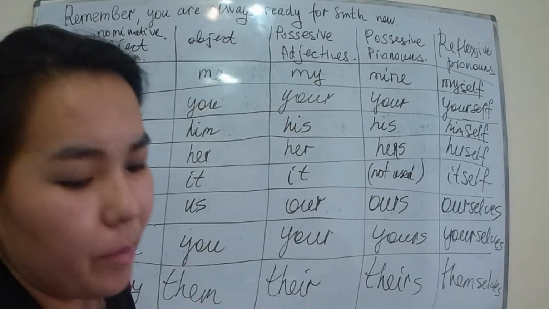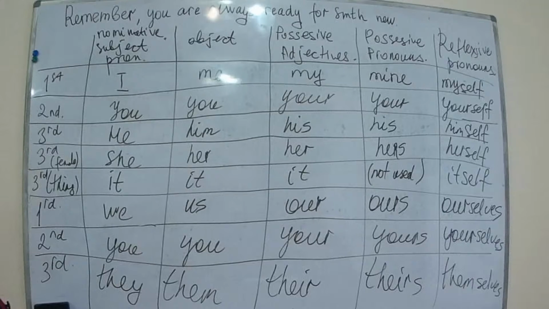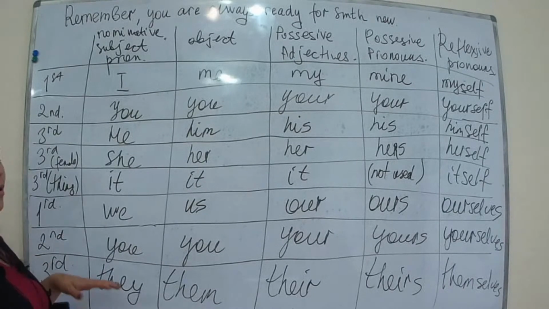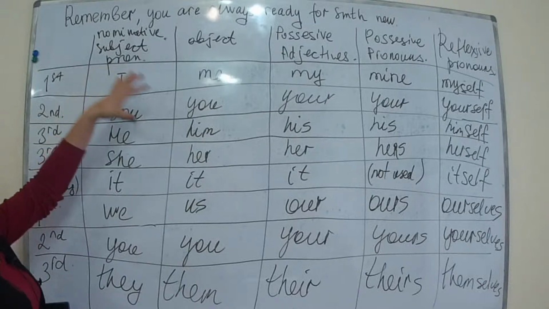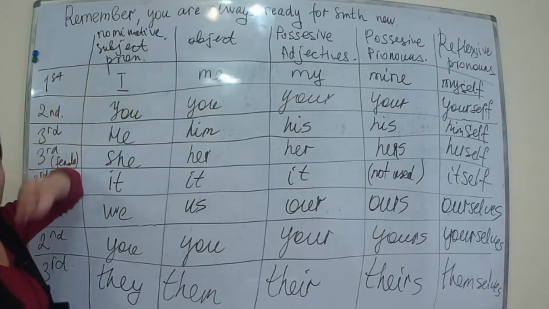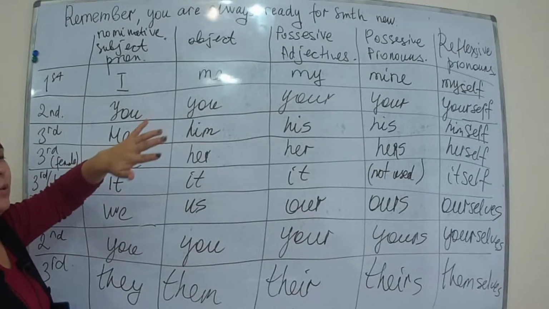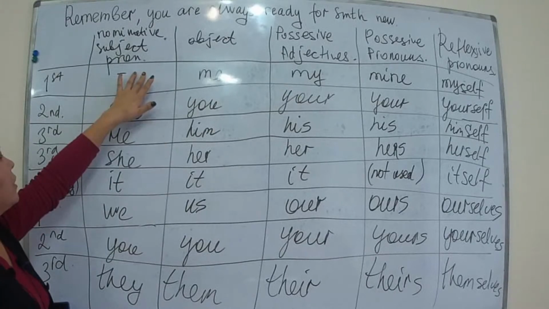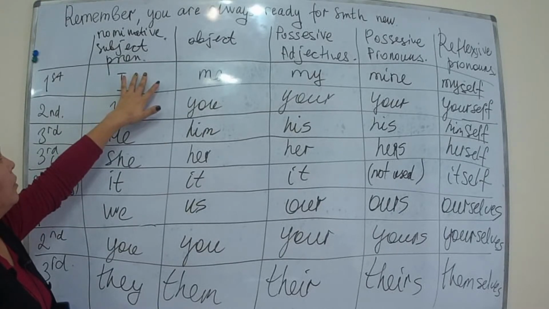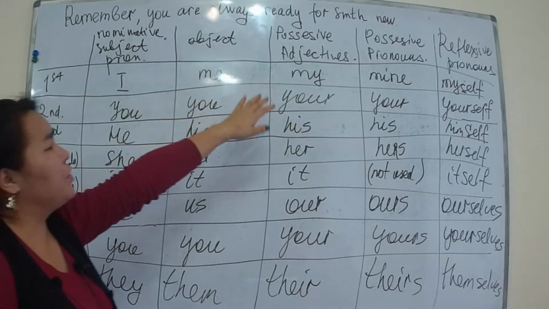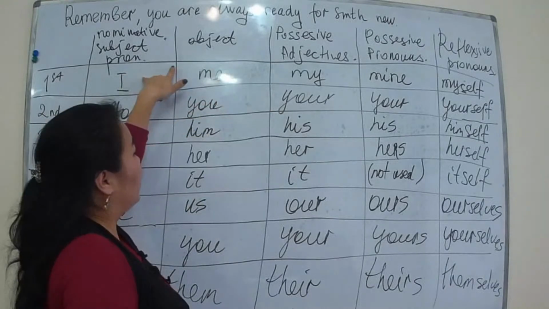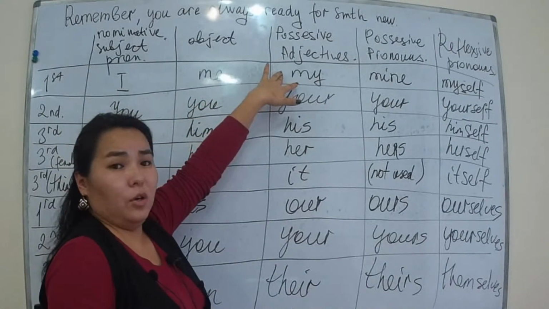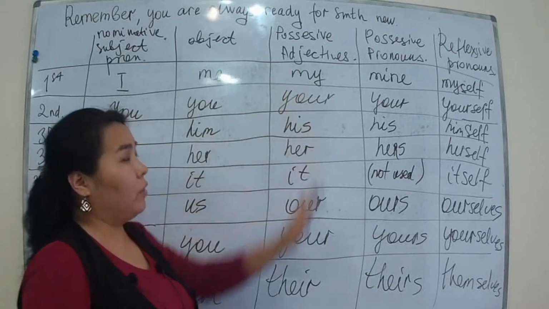So you should remember this table. Of course, you cannot learn by heart all this table. For example, if somebody asks you, can you tell me the possessive adjectives for pronouns I? Of course, you can forget.